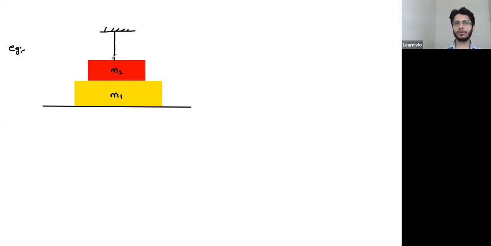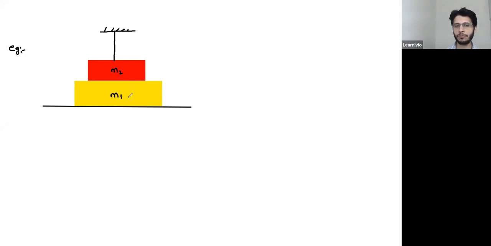Before drawing FBD, I have to mention all forces which are acting on the body. So can you just count the total number? Just draw this diagram. I'm giving you 2 minutes. Draw this diagram in your notebook and try to decide the total number of forces which are acting on the system. You know weight, you know normal reaction, you know tension. Just try to calculate the total number of forces which are acting on the body.